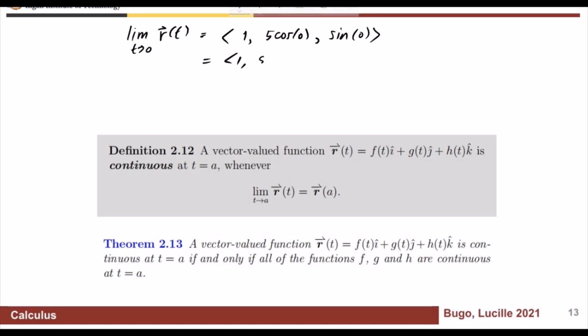Cosine of 0 is 1, so we get 5, and sine of 0 is 0. This is equal to i hat plus 5 j hat.